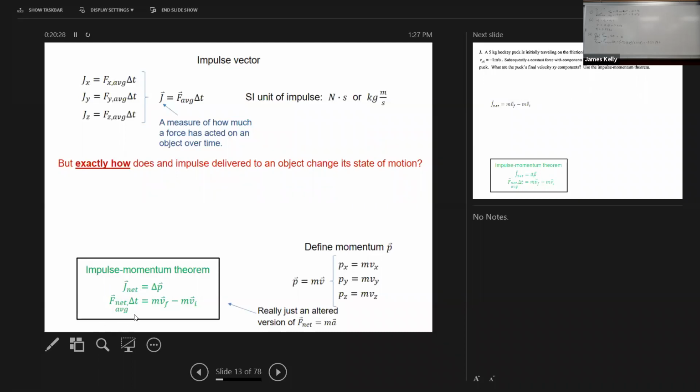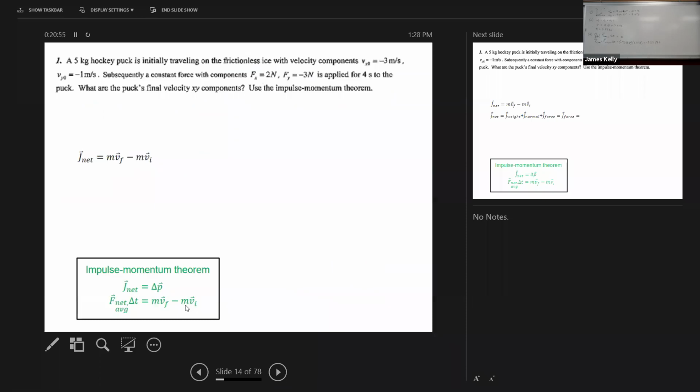So expanding it out, that means the average net force times delta t is equal to m v final minus m v initial. And whenever I write something like this as a vector equation, it looks complicated because of the vector symbols, but you can always say that's true for each of the components. So the x impulse net is equal to the change in x momentum, and the same thing for y, and the same thing for z.